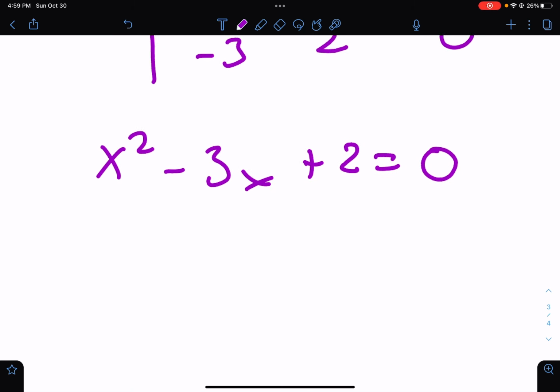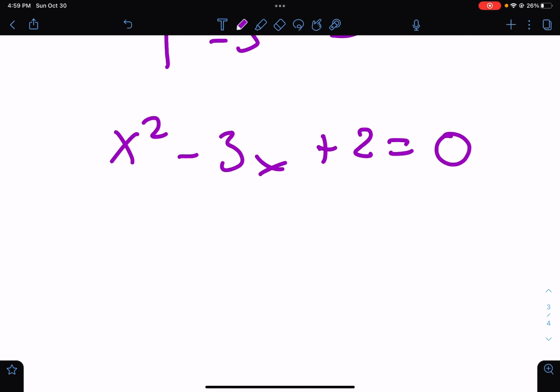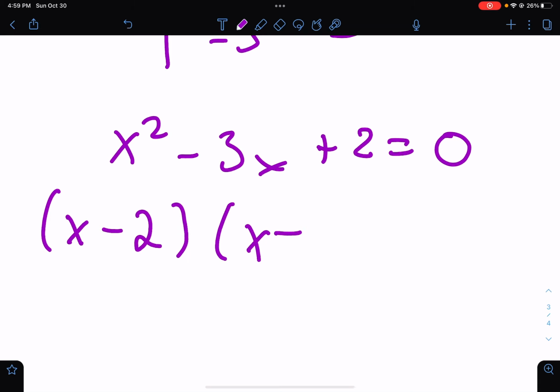So what you can do here is either factor or use the quadratic formula. This one is factorable. We can do x minus 2, x minus 1, right? We have to figure out what multiplies to 2 and adds to negative 3. That's going to be negative 2 and negative 1.